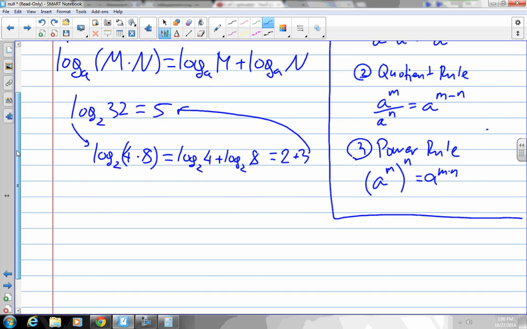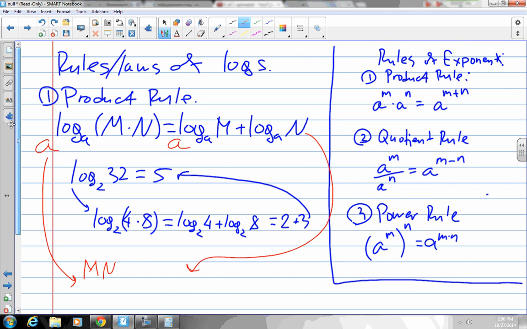The way you prove this rule, you just raise a to both sides of that equation, and then you use the earlier rules of logarithms. A to the power log base a of whatever is whatever. That's one of our inverse properties. So the left-hand side is mn, right? While the right-hand side, you have a to the power of a sum, and we know that we add exponents when we multiply.